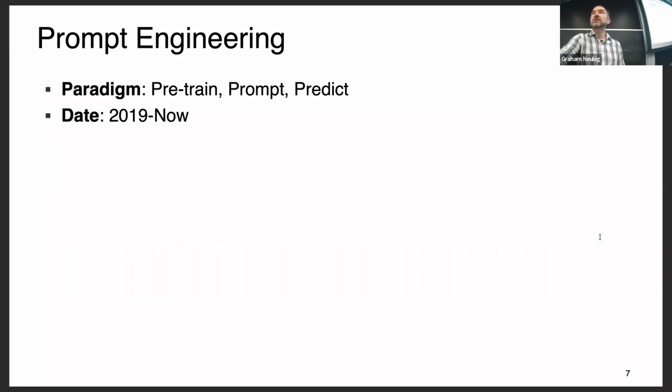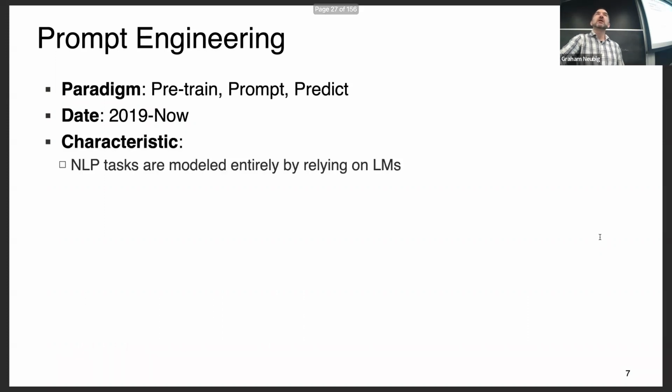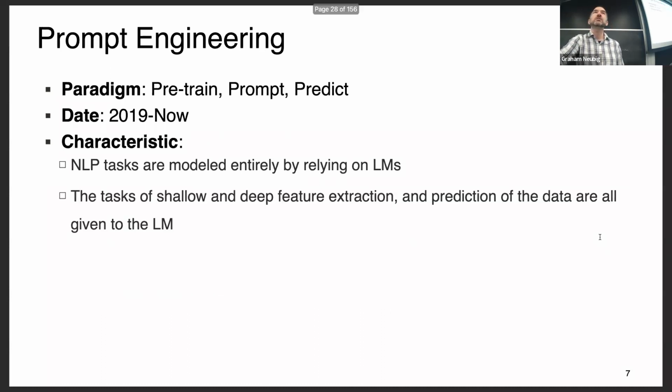I say 2019 to now because it did exist before 2019, but it really became popularized in 2019 or 2020 with, for example, GPT-3 becoming popular. And NLP tasks are modeled entirely by relying on language models and the predictions through language models. And the tasks of both shallow and deep feature extraction and prediction on data are all kind of given to that language model as tasks for it to solve.